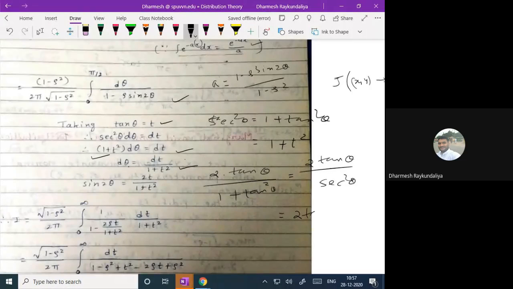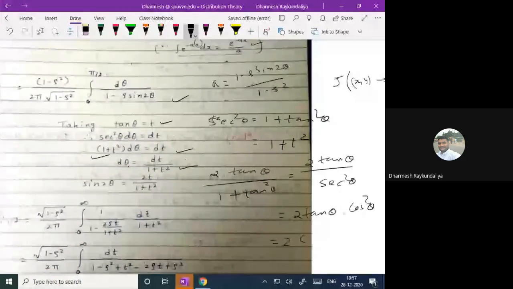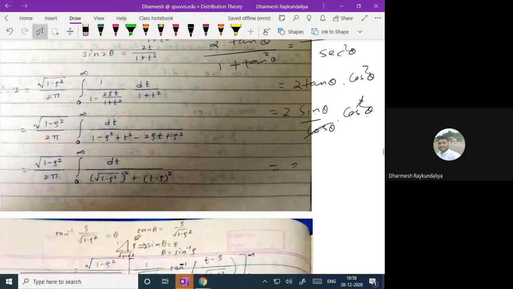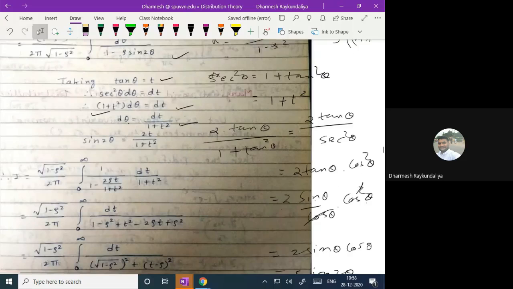So I can write 2 tan theta times cos square theta. Tan theta is sine theta upon cos theta, so one cos cancels out. What happens? It is 2 sine theta cos theta, and 2 sine theta cos theta is nothing but sine 2 theta. So I can write sine 2 theta equal to 2t upon 1 plus t square.